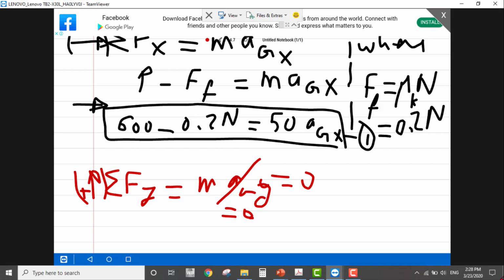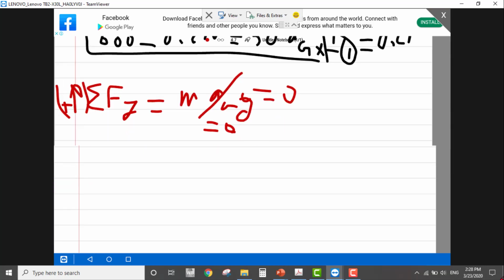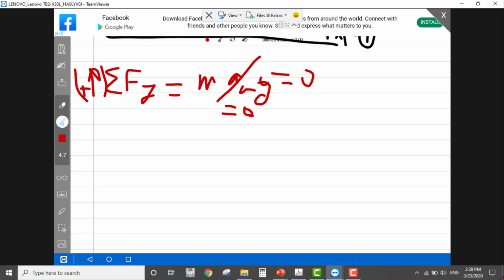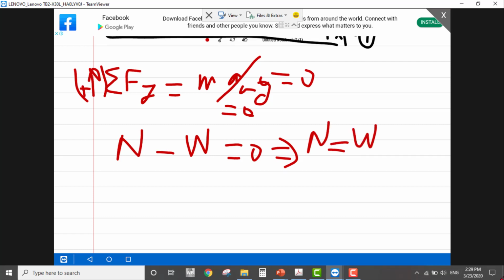So the question here, how many forces do we have in the y direction? We have the normal force in the positive y direction, and we have minus weight in the negative direction, which is equal to 0, and from here normal force equals weight, and this is equal to mass multiplied by gravity acceleration.